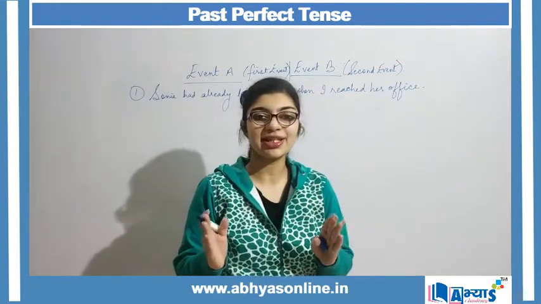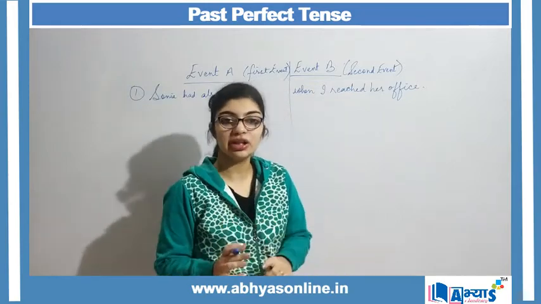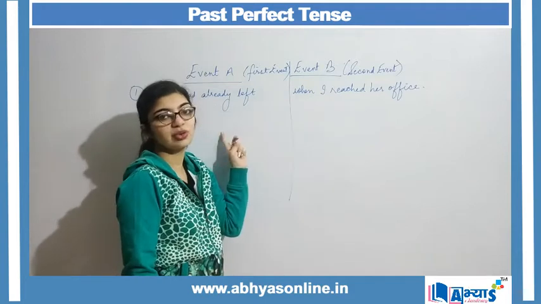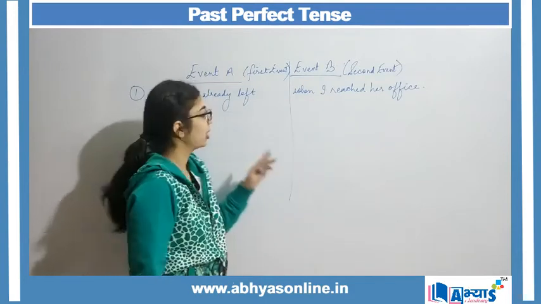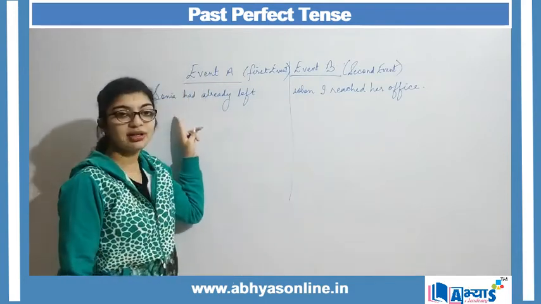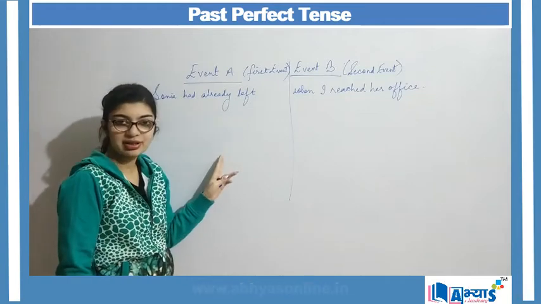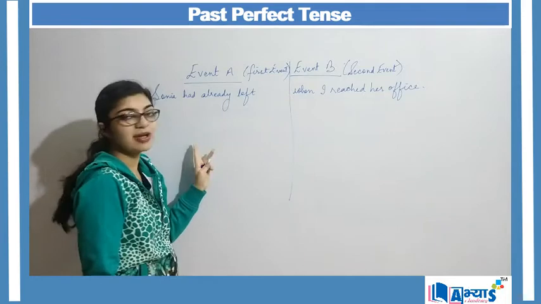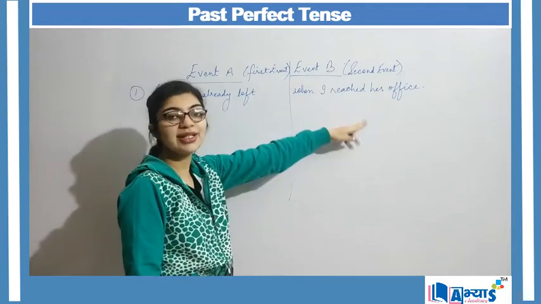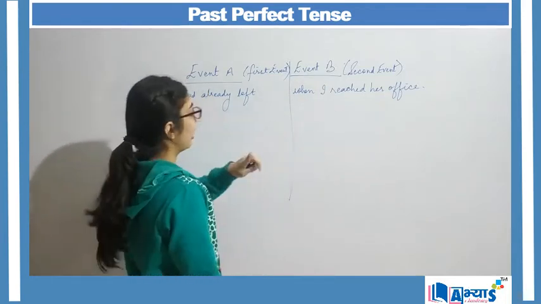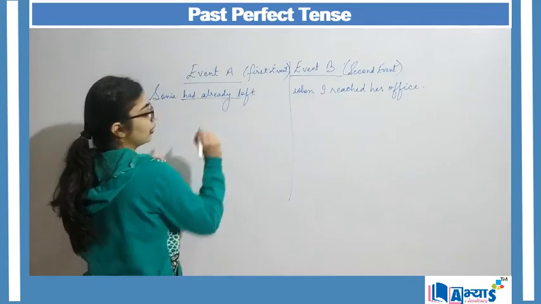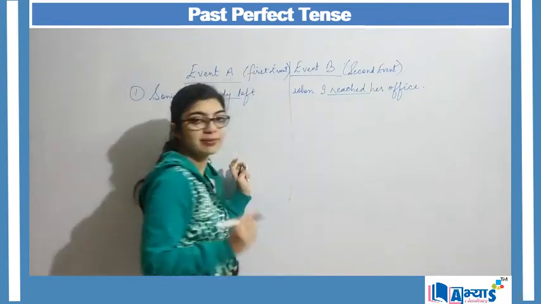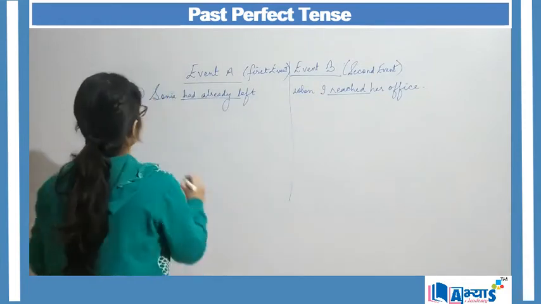Now from this sentence, I get a clear view that before I reached her office, Sonia had already left. So, Sonia had left first and later I reached the office. So, this is my first event and this is my second event. Again, notice had already left is past perfect tense. I reached is a simple past tense.